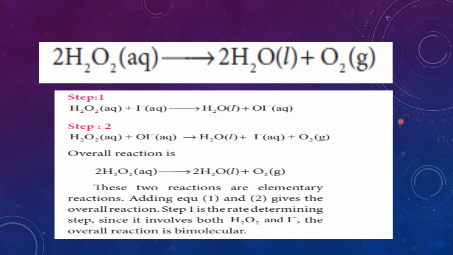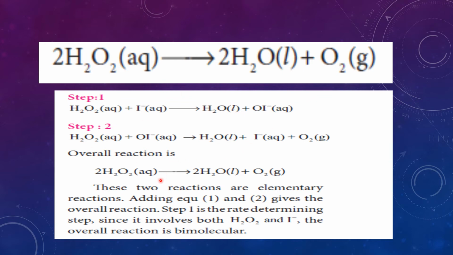The rate of the reaction fully depends upon the reactant concentration, and the first step is the slow step, so the first step is called the rate determining step. The overall reaction is called a bimolecular reaction. Why do I say bimolecular? A two-step mechanism is proposed. Your first step is a slow step, the second step is a fast step.